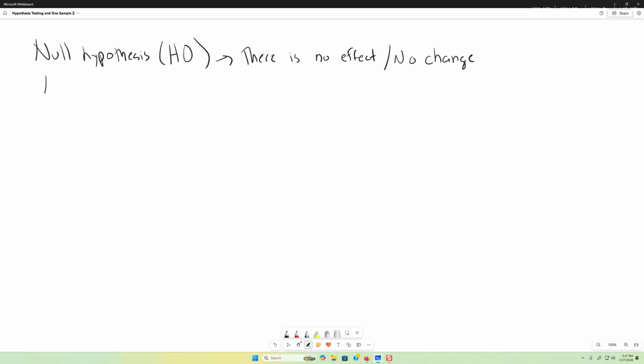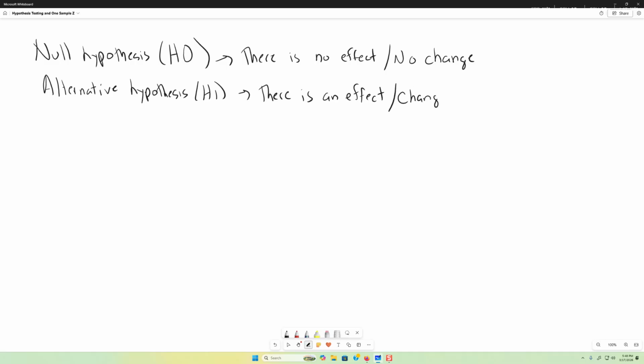And if we reject the null, we then support the alternative hypothesis, which is H1. And this basically says there is an effect slash change.